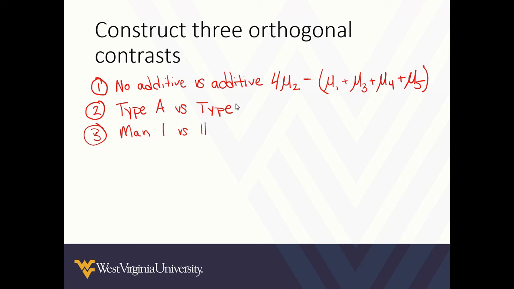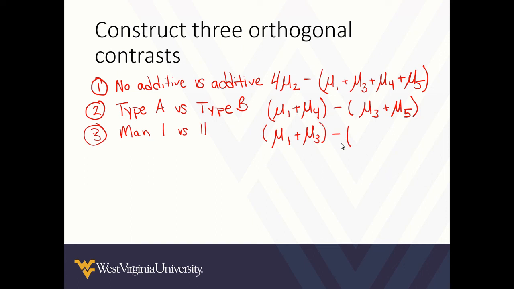Type A versus type B. Type A, we had mu1 and mu4. And for type B, we had mu3 and mu5. And then for manufacturers, for manufacturer 1, that was mu1 and mu3.